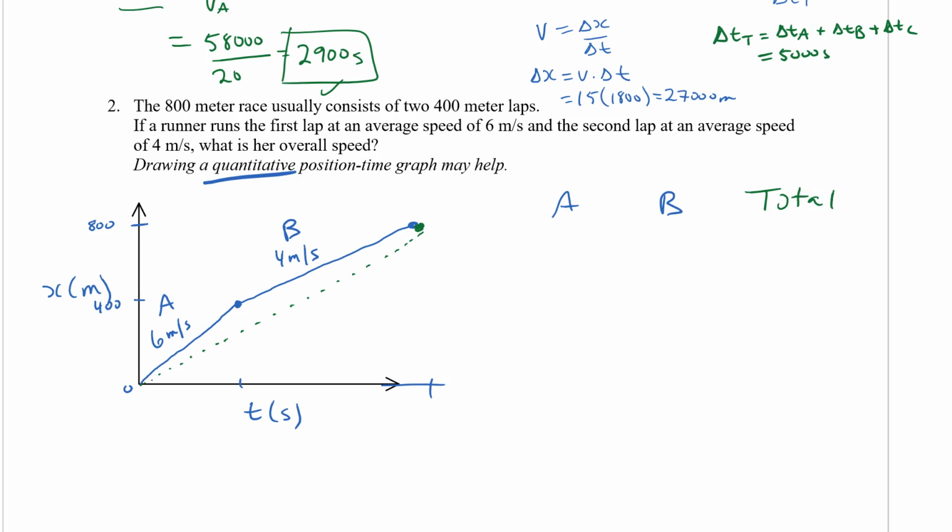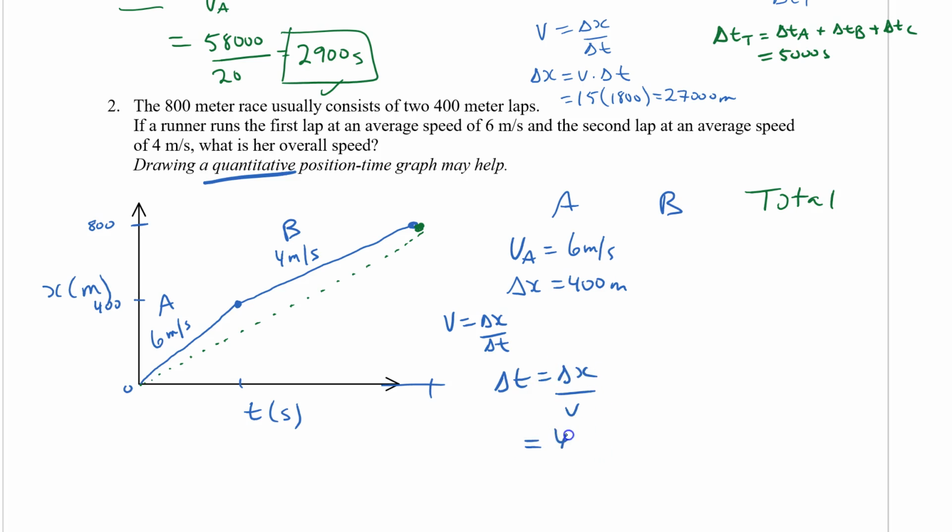Okay, so let's see. Well, what do we know? For the first section, we know that the velocity is 6 meters per second. And we know that the change in position is 400 meters. So again, using our definition of velocity and solving for time, delta t is going to be equal to delta x divided by v.